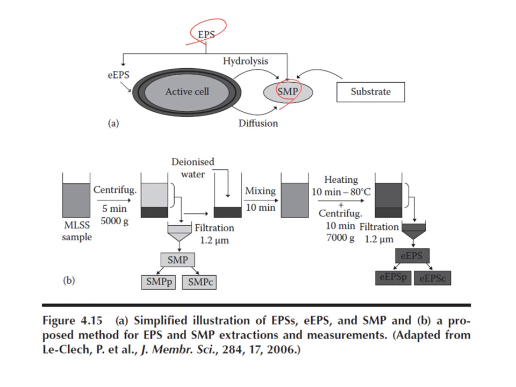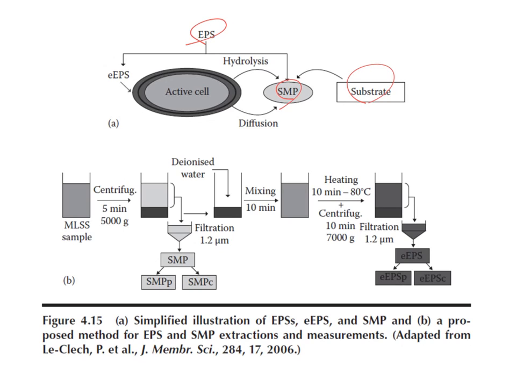In fact, some of these EPS and other microbial products are hydrolyzed and converted to SMP, and some of them diffuse to form SMP. SMP sometimes also includes substrate from the feed solution. So you can understand that this SMP is a very, very complicated material.